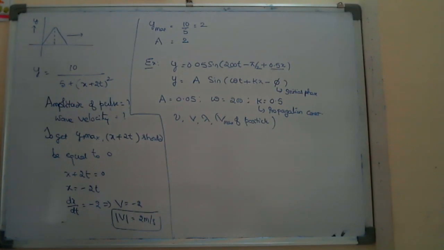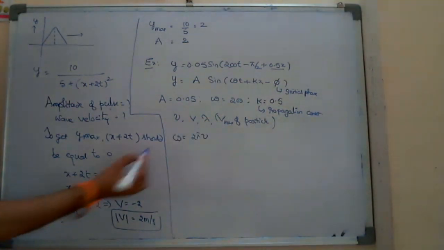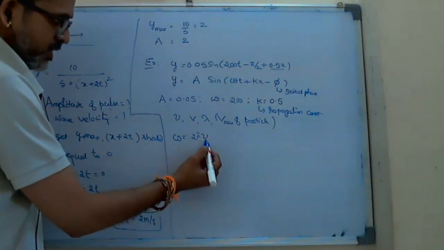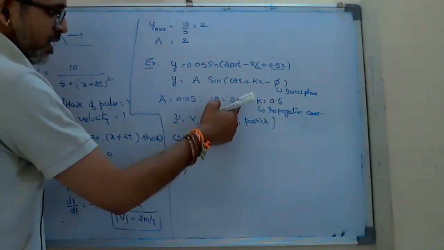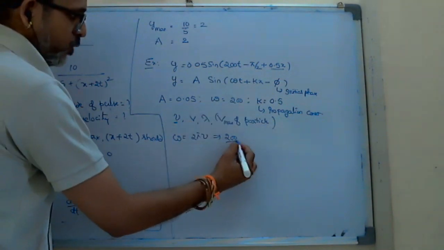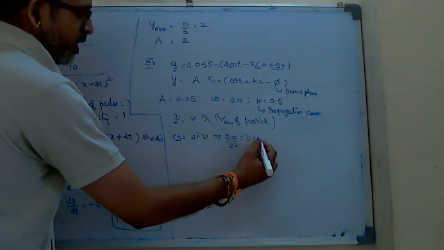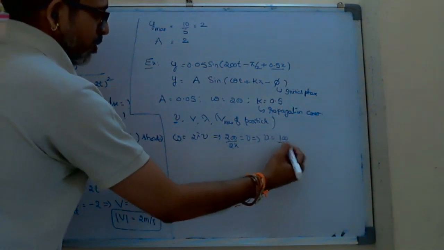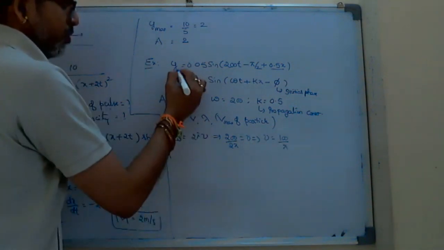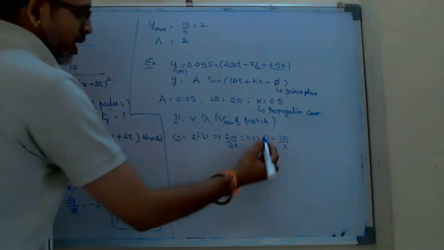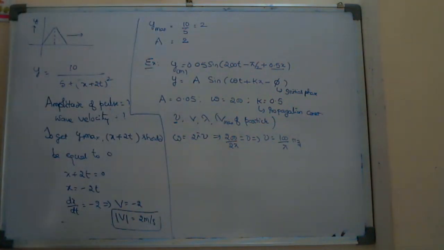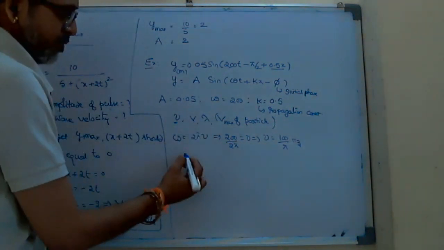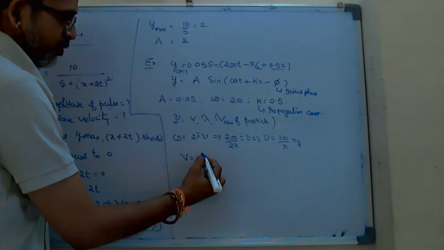then from this omega, I think you can calculate the frequency, Nana. First, whatever he is asking. Omega we already got here, 200. 200 by 2 pi equals nu. That implies frequency is 100 by pi. Right. If this is in meters, then this is in hertz, SI units. And then the velocity of wave formula.